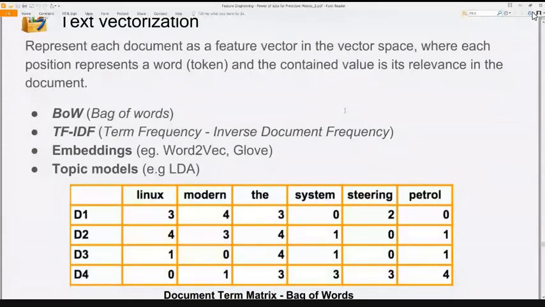Then we have what is called TF-IDF, which stands for term frequency, that is the number of times a particular word appears, and inverse document frequency, which looks at how it appears in that block of text and in the entire document.